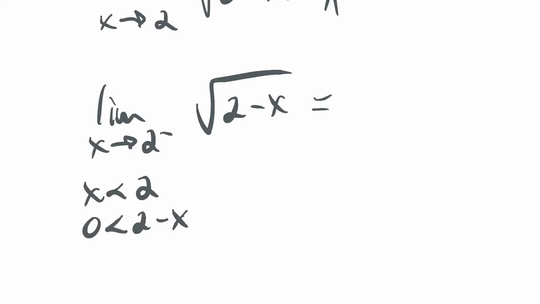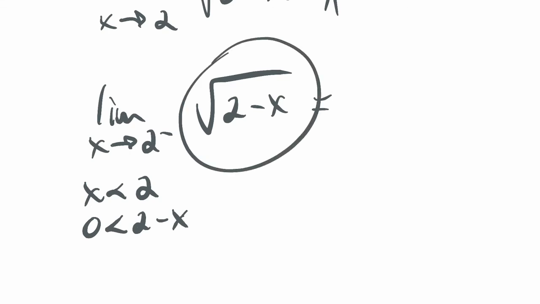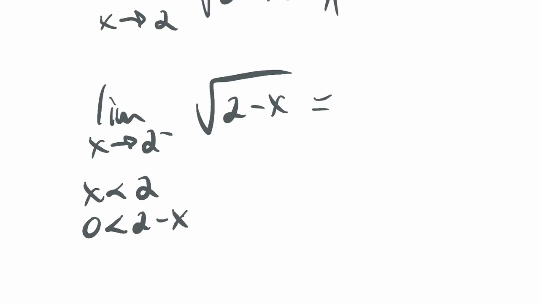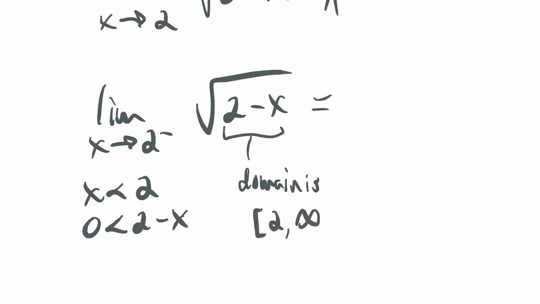So 2 minus x is positive. Oh, I have a root of a positive number. Another way of phrasing this is that the domain of that function, the square root of 2 minus x, is 2 to infinity. You can't plug, is that right? Hold on.